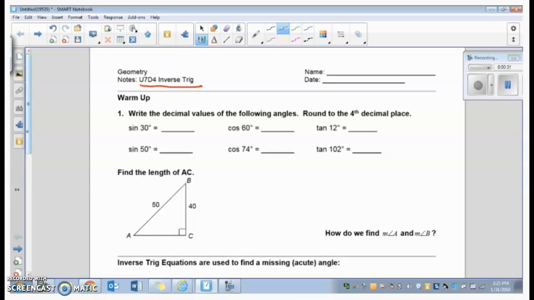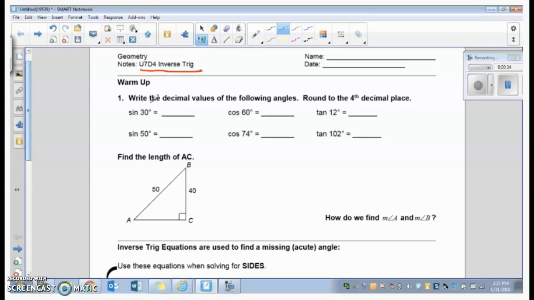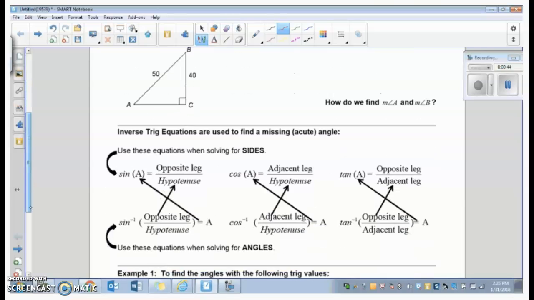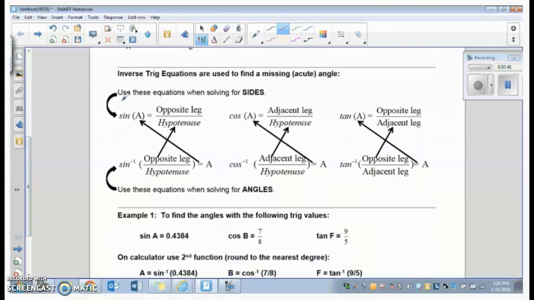We're going to start on some inverse trig today, which sounds like it's a lot harder than regular trig, but it's not that bad. Essentially, before we were using trig to find missing sides, but now we're going to use it to work backwards and find missing angles.